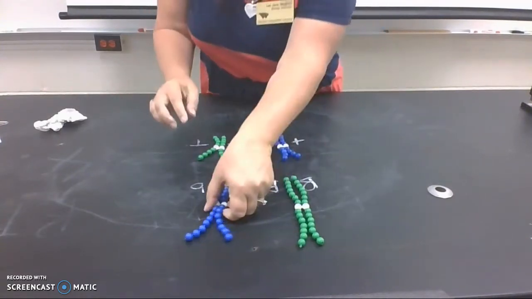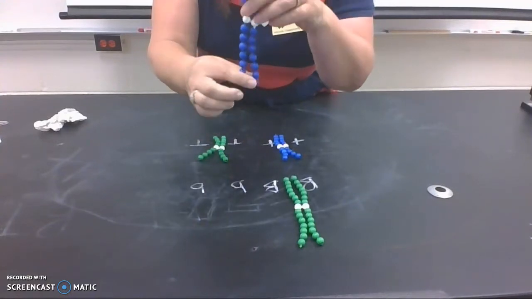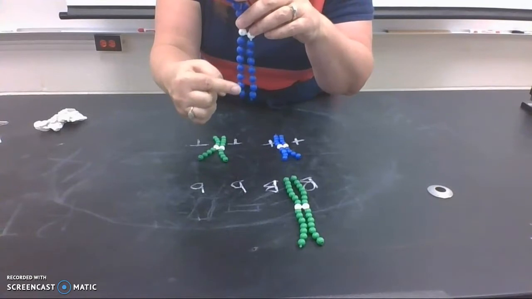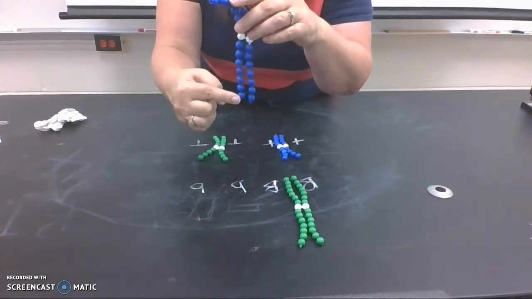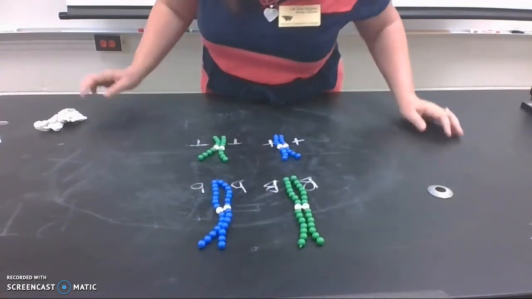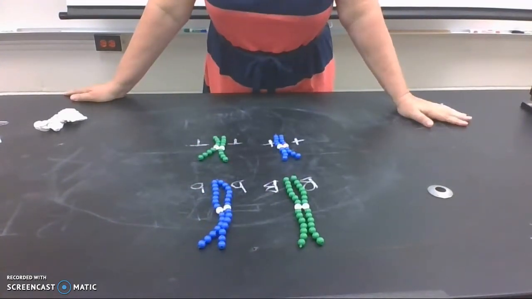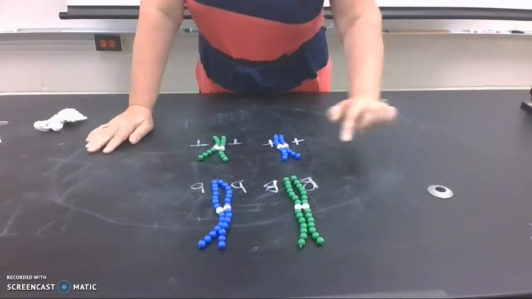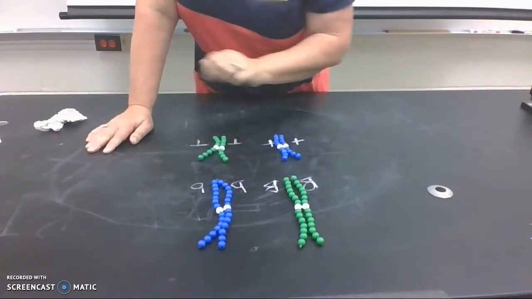Now the bottom 2 genes of the homologous pair of the other one are going to have to be for eye color, but they don't have to be the same color. So these are going to be the gene for blue eyes. That's easy to remember because this is a blue chromosome. So big B brown eyes, little b blue eyes.